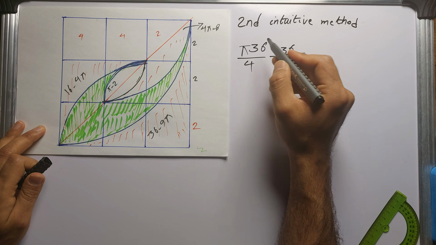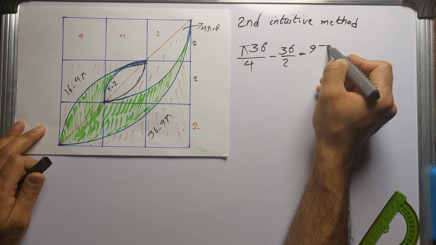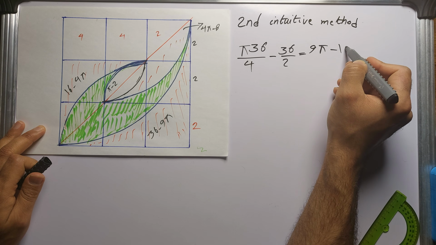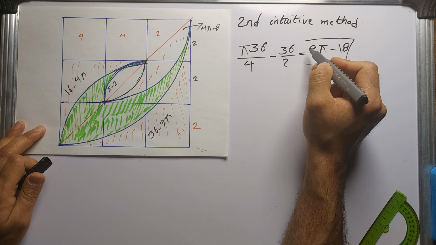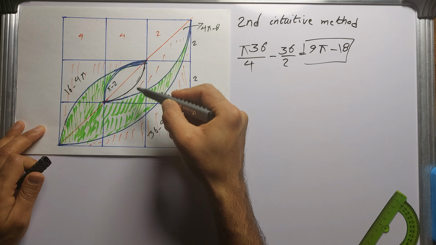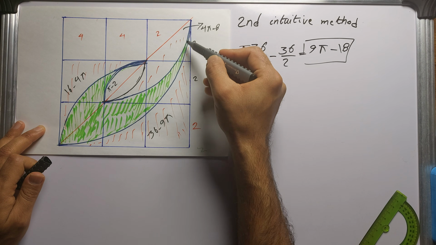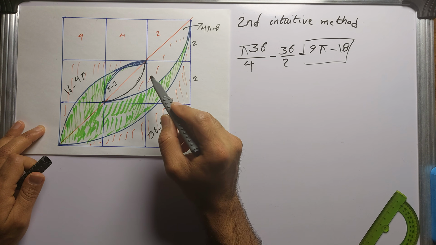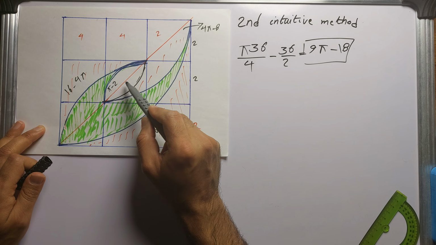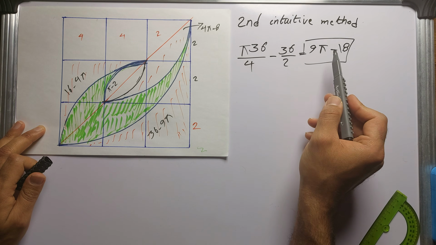So 9 pi minus 18. That's the area of this big segment, including this big part here. Now what we're going to do is subtract this segment as well from this one.